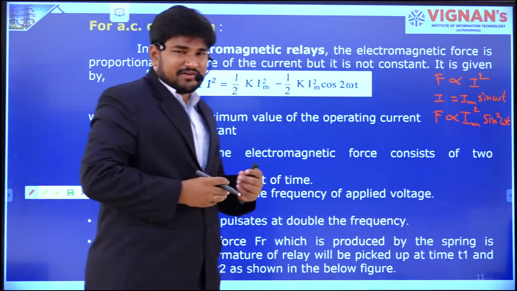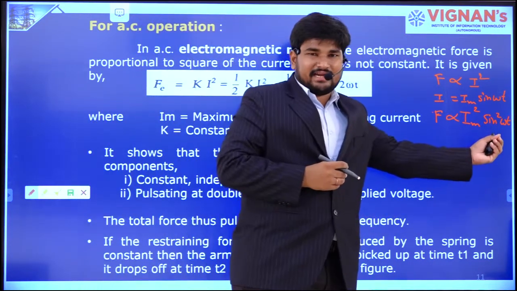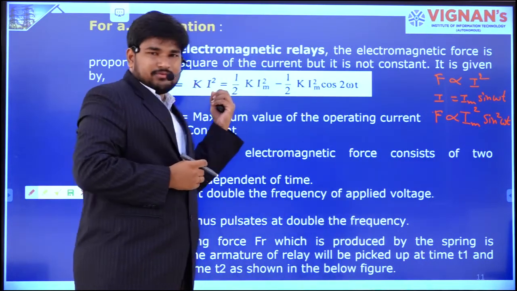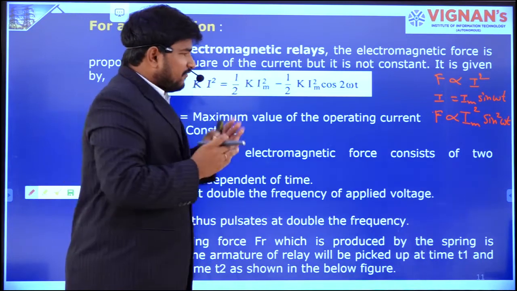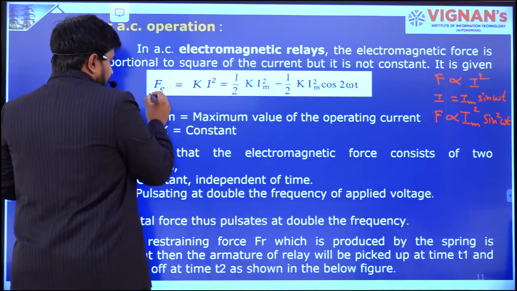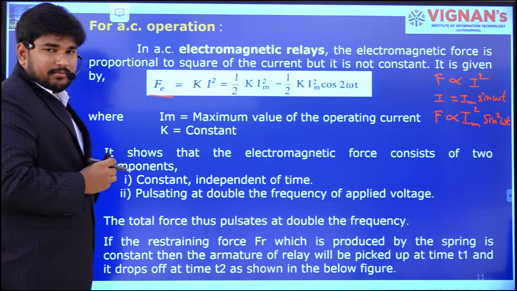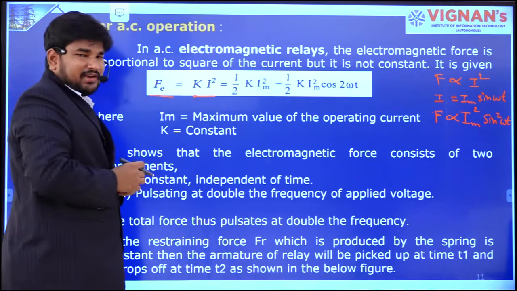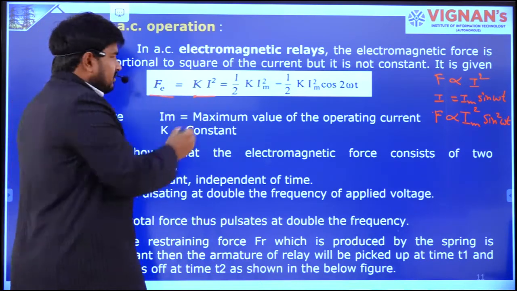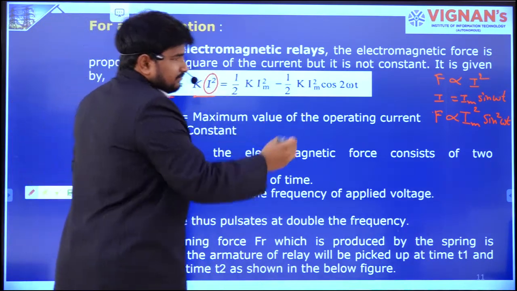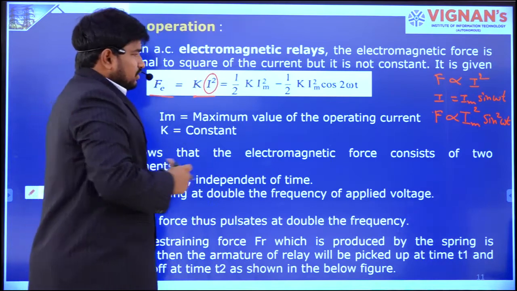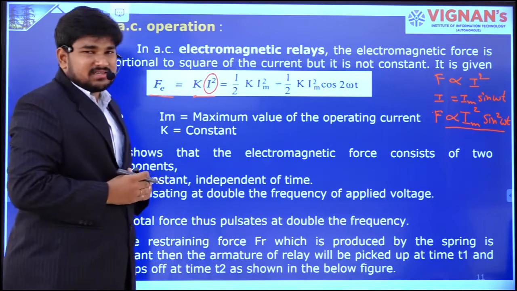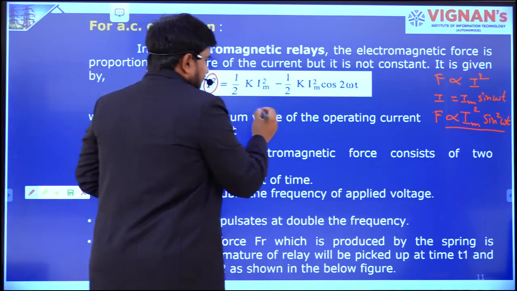Sin square omega t we can write as 1 minus cos 2 omega t, divided by 2. So the force Fe is equal to K times I square, where I is the sinusoidal current Im sin omega t.